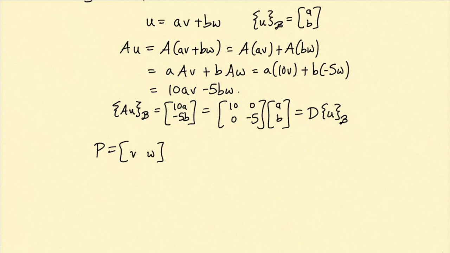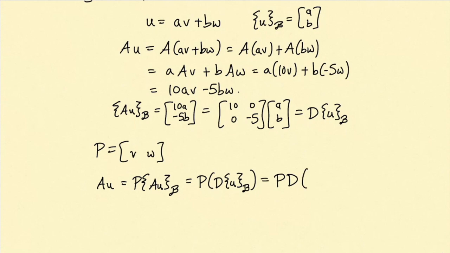In particular, A times u expressed in the coordinate system for B, in the standard coordinate system, we would multiply that by P. And of course, our observation above says that we can express this vector Au in coordinates B as the diagonal matrix D multiplied by u expressed in the coordinates for our new basis B. And if we want to think about this expression in terms of the original vector u, we know that we can obtain the new coordinates by multiplying the vector u by P's inverse.